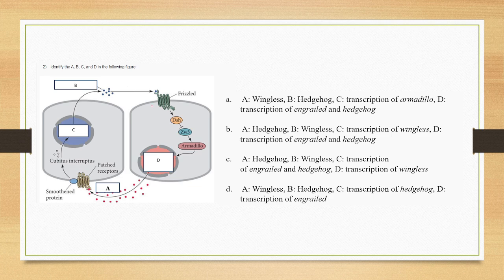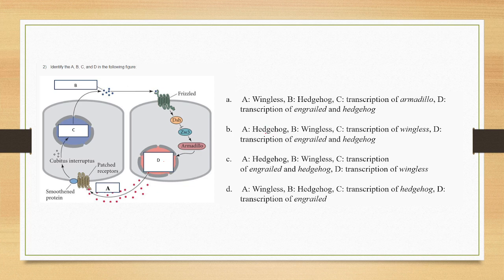identify the A, B, C in the following figure. This is a mechanism which we will be studying just after this question. You have to identify what A, B, C, D signify. Whether A is wingless, B is hedgehog, C is the transcription of armadillo, D is the transcription of engrailed and hedgehog.